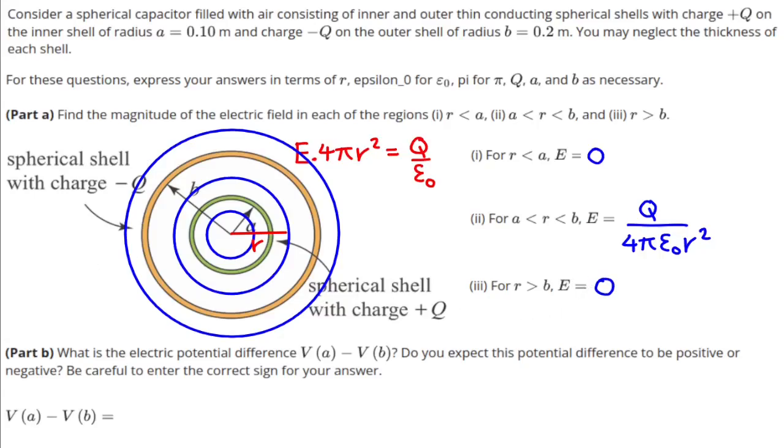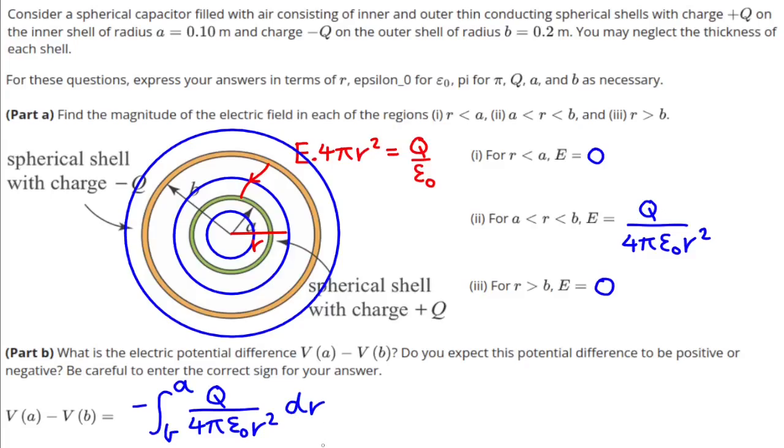What is the electric potential difference between A and B? So the potential difference is minus the work done by the electric force per unit charge. So that will be the electric field being Q on 4 pi epsilon naught by r squared. So you can imagine moving a test charge from B to A along some path. So we integrate from B to A over r.